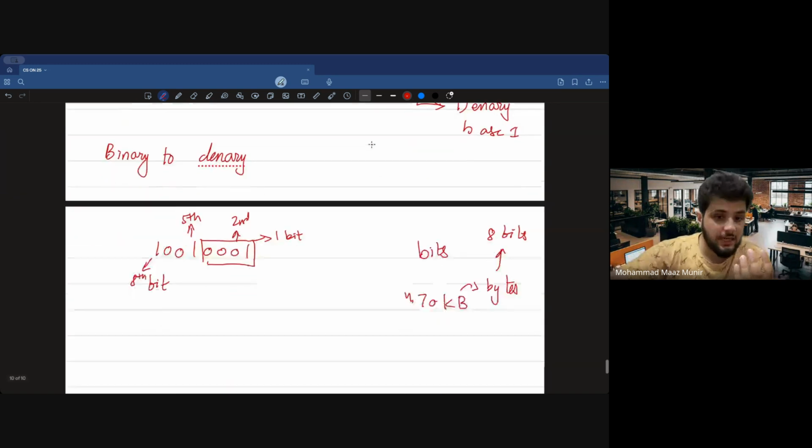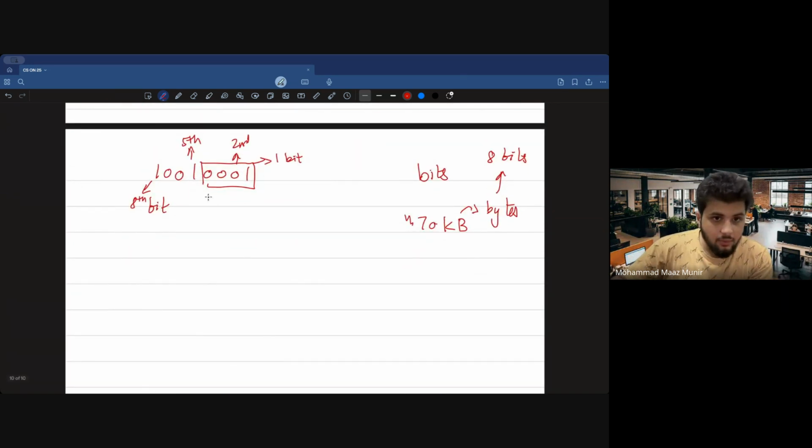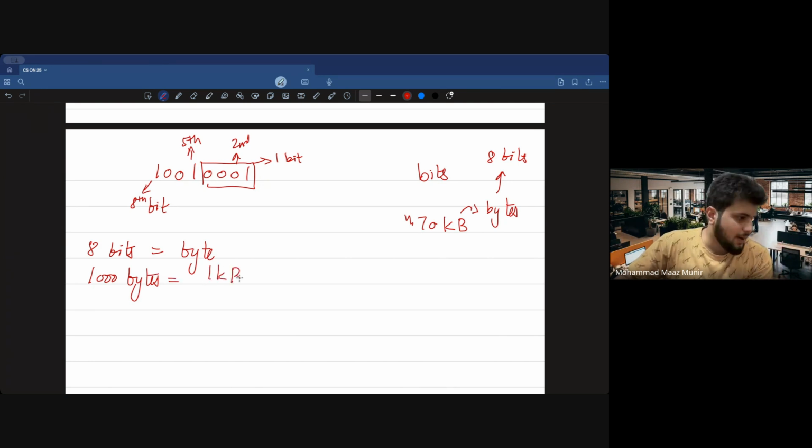When we have 8 bits, something like this, it's called a byte. And when we have 1000 bytes, it's just for your own explanation, okay? 1000 bytes becomes 1 kilobyte, and it goes on. Yes, exactly. One nibble has 4 bits.